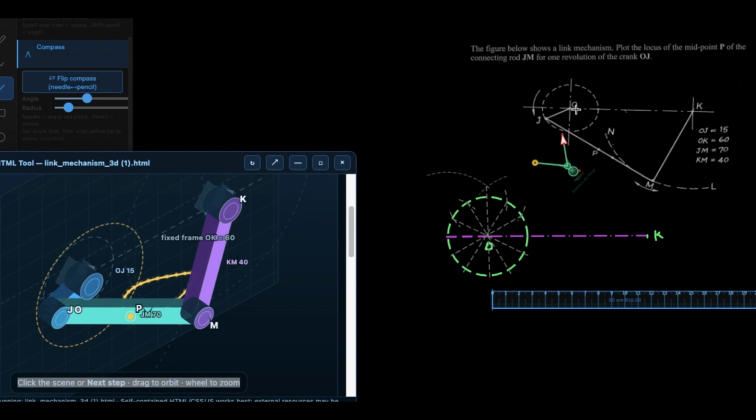From the diagram, this is J. The length of the slider KN is equal to 40.